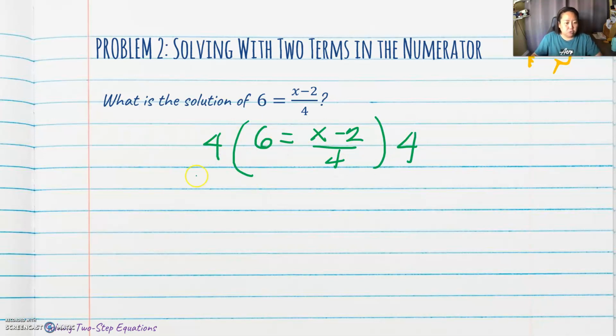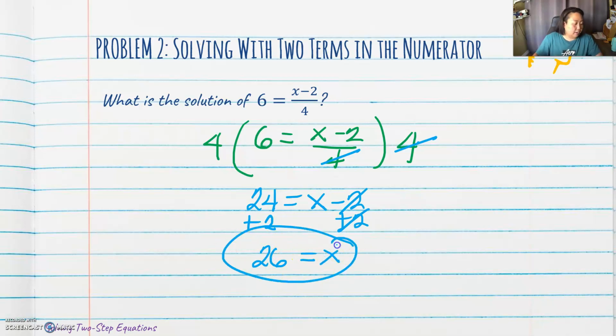So we multiply both sides by 4, and we will have 4 times 6, which is 24. 4 divided by 4 is 1 now, and so we are left with our numerator, which is x minus 2. To isolate our x, we have to undo minus 2, so we add 2 over here, which gives 0. We also add 2 on the other side, which will leave us with 26 as the value of our variable x. Okay, so that's it.